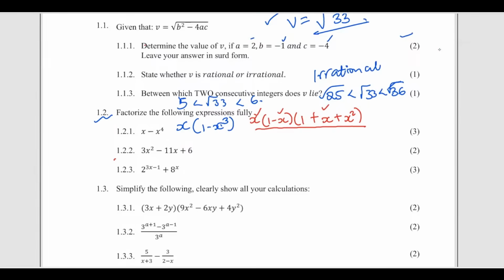And then 1.2.2, in this case, we can use the product and the sum, but I'm just going to open my 2 brackets and do it first. For us to get 3x squared, we need a 3x somewhere, and then we need x somewhere also. Then for us to have a 6, it's possible to have 1 and 6, and also 2 and 3. Remember, both numbers can be positive, but it's also possible to have both numbers negative.